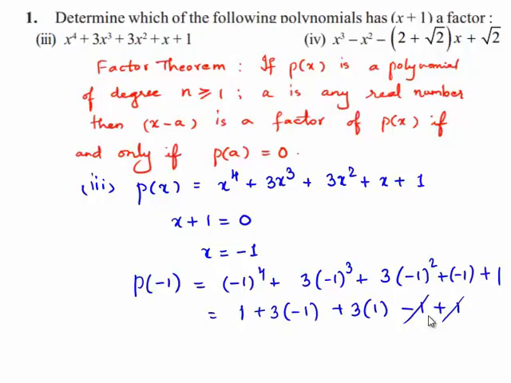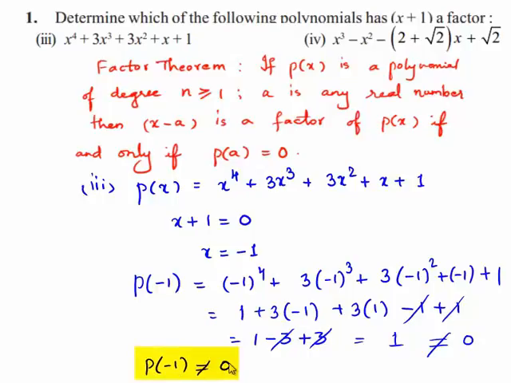Minus 1 and plus 1 get cancelled. This gives 1 minus 3 plus 3. Minus 3 and plus 3 cancel and this gives 1, which is not equal to 0. P of minus 1 is not equal to 0. Therefore, x plus 1 is not a factor of the given polynomial.